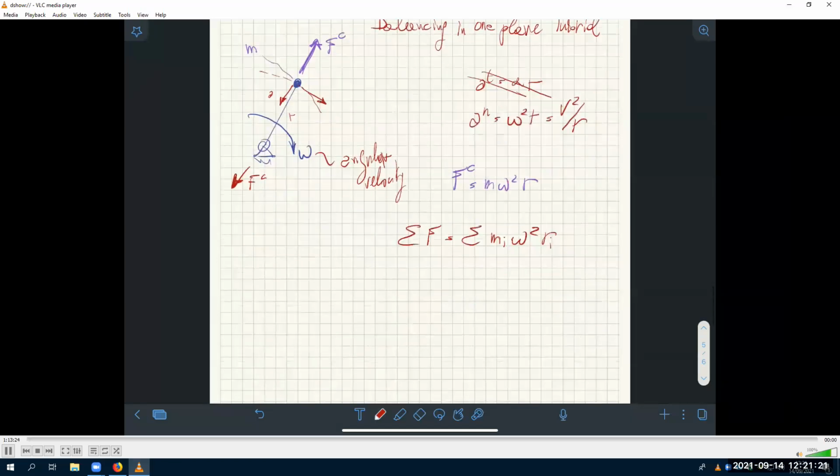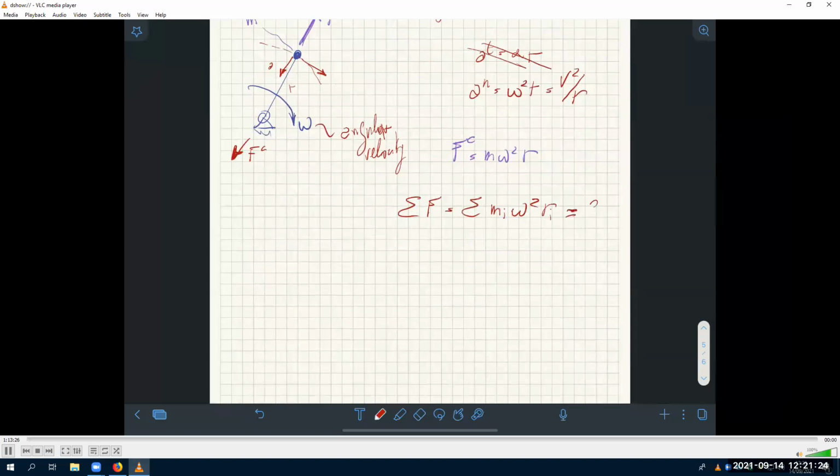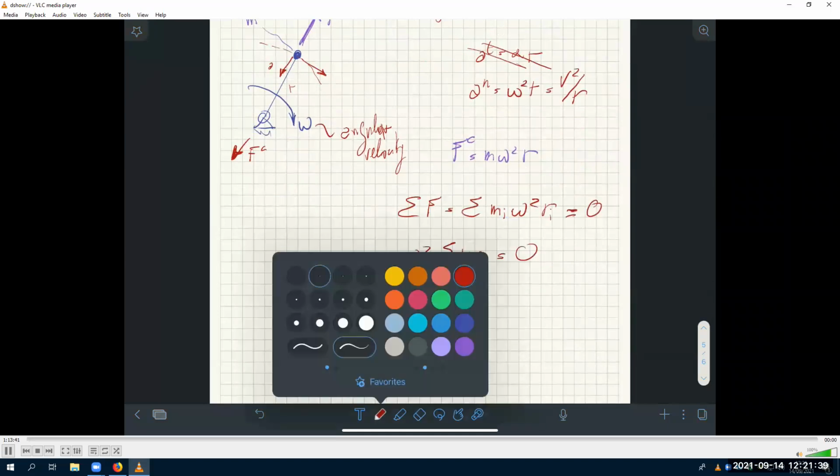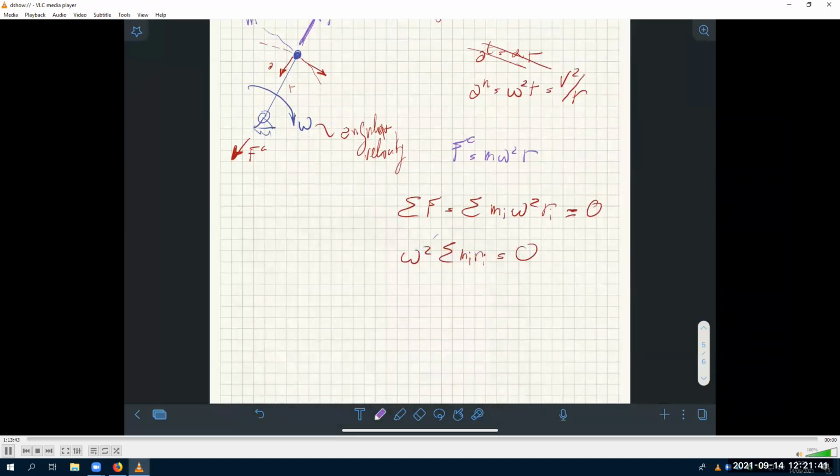So I can take omega squared out of the sum, and I get omega squared times the sum of mi Ri equal to 0. Then I can divide everything by omega squared. And this is the equation I need.